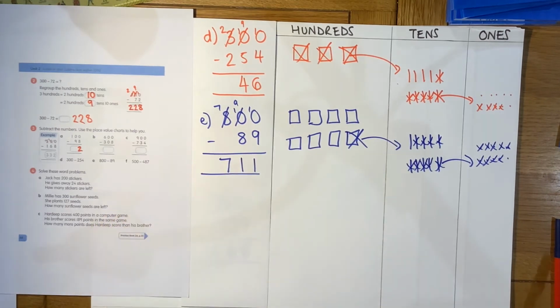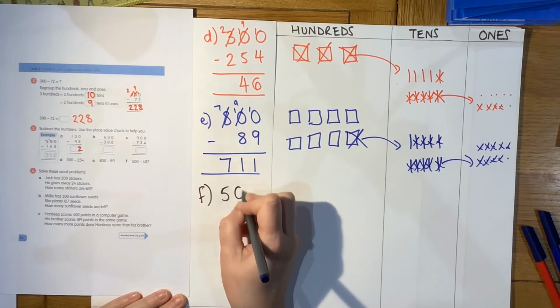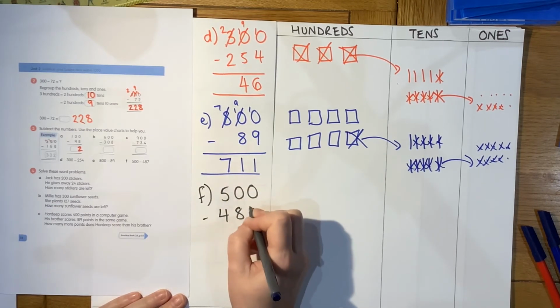There's your answer to E, 711. And then last one, F, 500 take away 487.